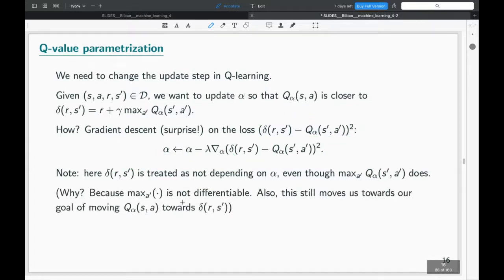The reason is that you cannot differentiate through the maximum function. And also, it doesn't really matter because even if we treat delta as a constant, making this update still moves Q alpha towards delta.